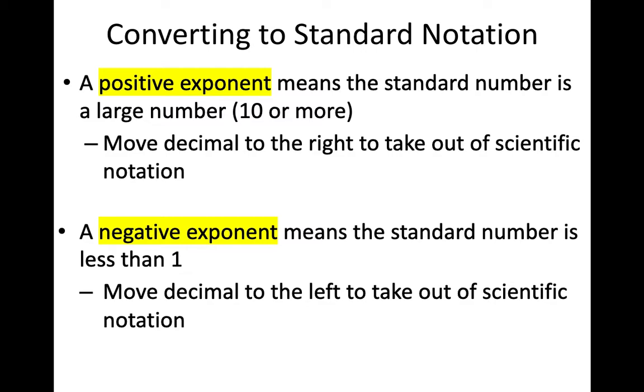So for example, if the exponent is 8, we move the decimal 8 places to the right. A negative exponent means the standard number is less than 1. So to take it out of scientific notation, we move the decimal to the left, however many times the number is. So if I have an exponent of negative 4, I would move the decimal 4 times to the left.